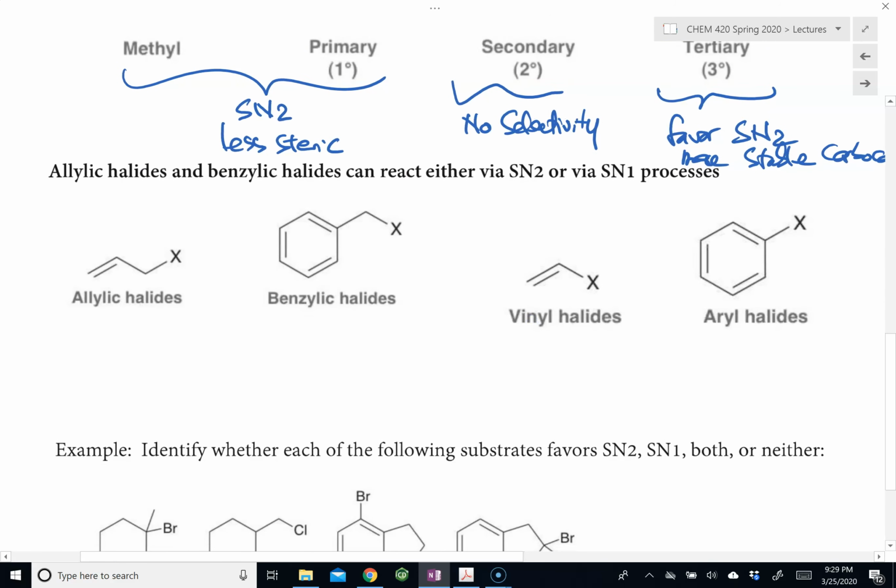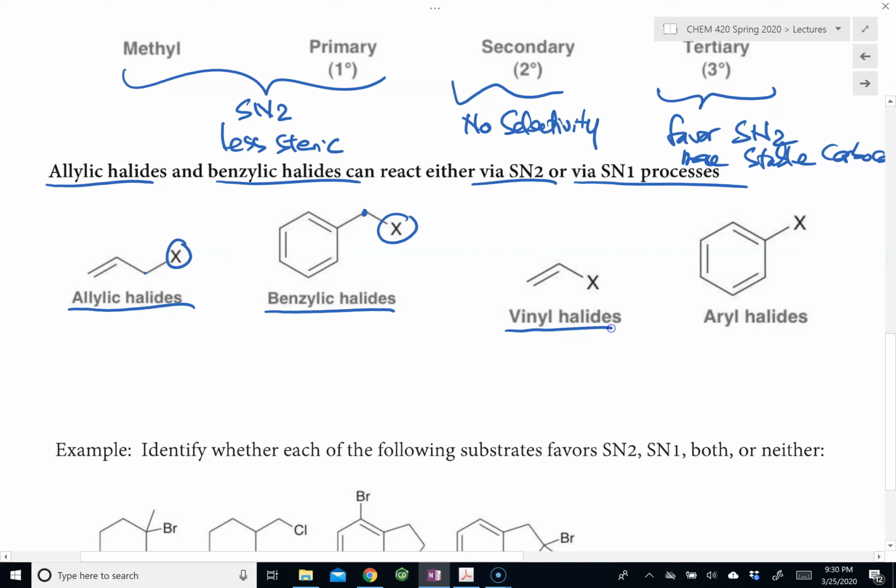We also observe that special types of halides, for example allylic halides and benzylic halides, can react through either an SN1 or an SN2 mechanism. So this is the structure of an allylic halide, where there is a halogen connected to the allylic carbon. And here would be a benzylic halide, where we have the halogen bonded at the benzylic carbon.